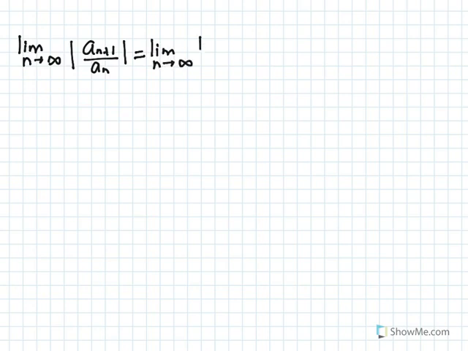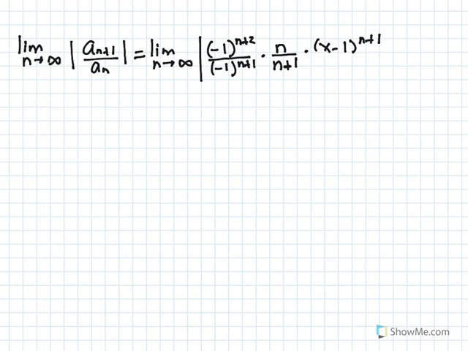Now, let's simplify that. We get limit n approaches infinity of absolute value of a sub n plus 1 divided by a sub n. This is equal to limit n approaches infinity, absolute value of negative 1 to the power of n plus 2 divided by negative 1 to the power of n plus 1 times n divided by n plus 1, doing some algebra, times x minus 1 to the power of n plus 1 divided by x minus 1 to the power of n, all inside the absolute value.